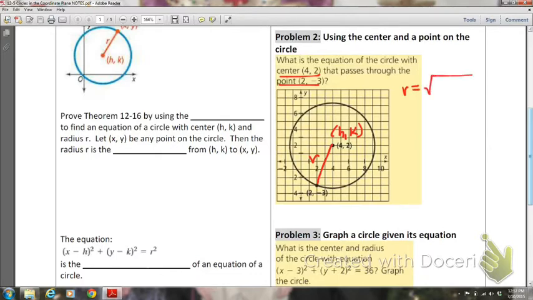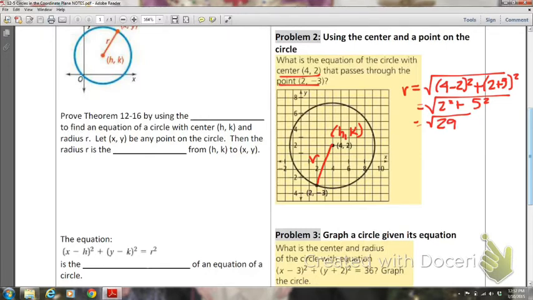R is going to be the square root of the difference between your x values, 4 minus 2 in parentheses squared, plus the difference between your y values, 2 minus a negative 3, which is 2 plus 3, parentheses squared. So that is the square root of 2 squared plus 5 squared, which is 4 plus 25, which is 29. So we got the square root of 29 as your radius.